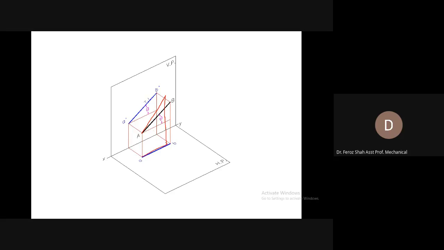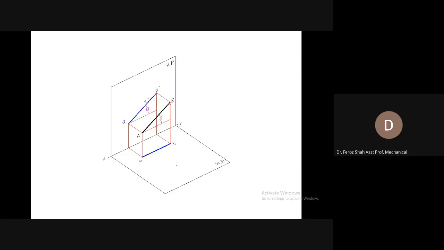Further increasing the theta will further reduce the length of the top view. So theta and top view are inversely proportional.